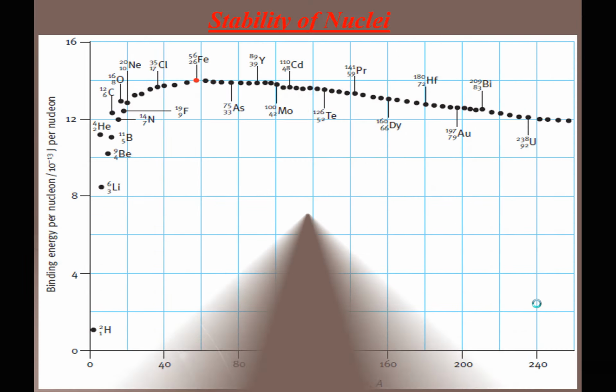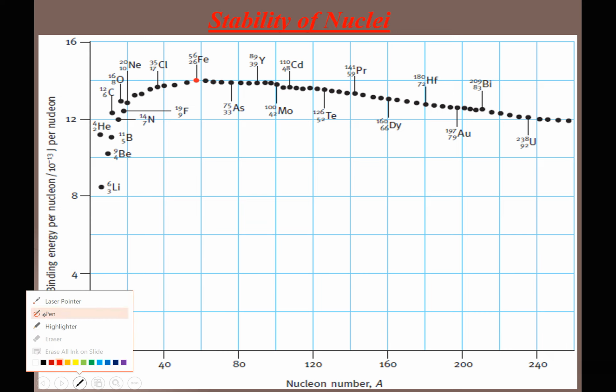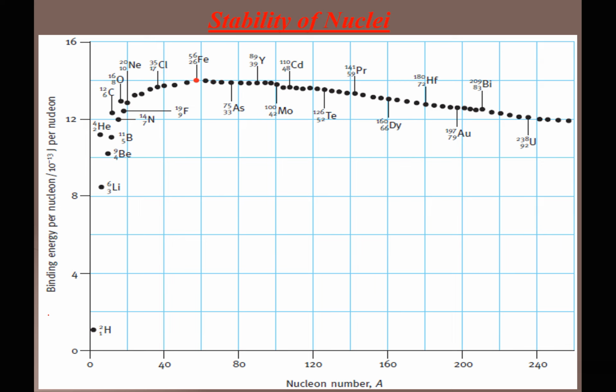So the most stable nuclei are the ones with the highest binding energy per nucleon. If I was to sketch a graph of binding energy per nucleon, the graph would look somehow like this. I'll just highlight the most important nuclei from this graph.